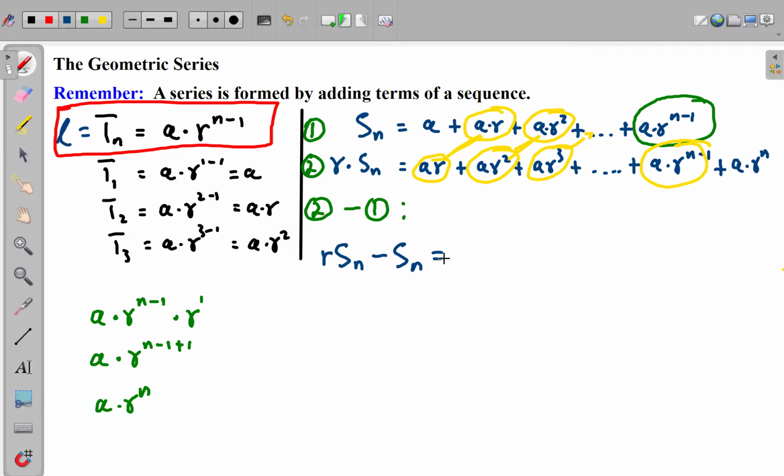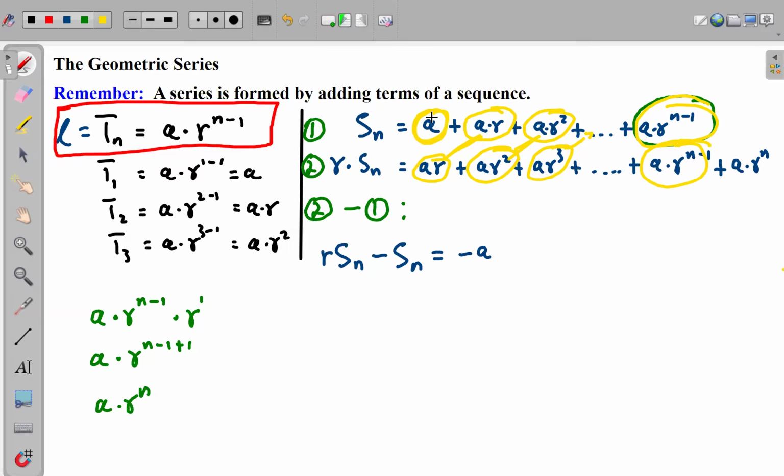And I want you to see now that these terms that I have circled in yellow will actually subtract each other, will eliminate each other. I need you to see that. Now, what's going to be left? Well, I'm going to be left with a negative A, which is basically coming from what? From 0 minus A, because with R times Sn, there is no term that has an A only.